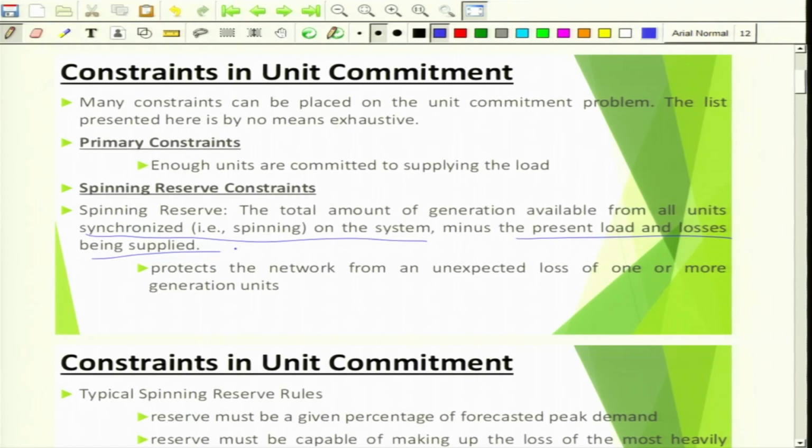That is what is called spinning reserve. It protects the network from an unexpected loss of one or more generation units due to any reasons. If there is a loss of any one of the generators, whether the system is still able to operate in a stable mode supplying the loads, that is what spinning reserve deals with.